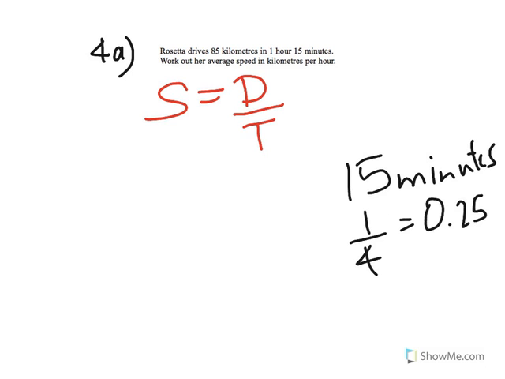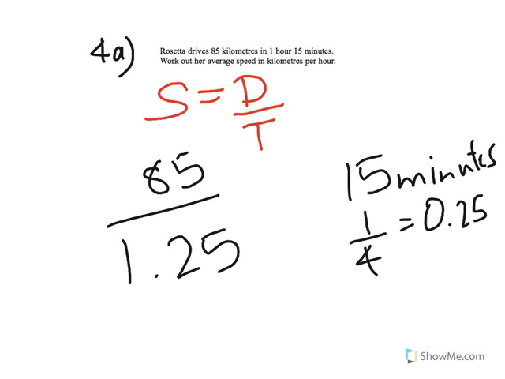So she travels 1 hour and 0.25 hours, because 15 minutes is 0.25 of an hour. So the time traveled is 1.25 hours, and the distance traveled is 85. So all you have to do to find speed is divide these, and that will give you an answer of 68 kilometers per hour.